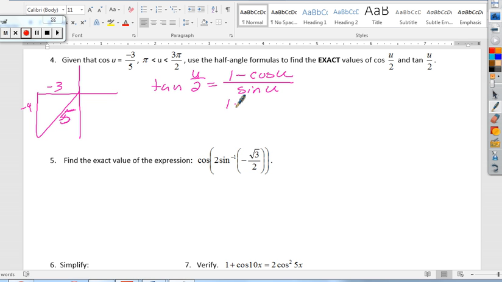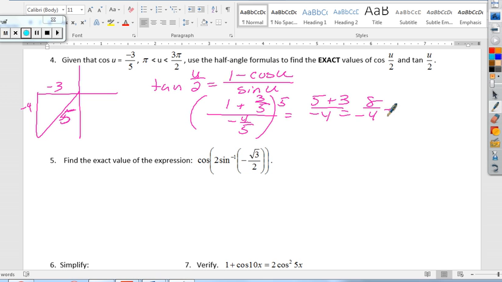Cosine, the two negatives are going to become a positive, and the sine would be negative 4 over 5. I'm going to multiply everything through here by 5 to wipe out those denominators. 5 times 1 would get me 5. 5 cancels here. 5 cancels here. We wind up with 8 over negative 4, and our final answer for tangent of u over 2 would be negative 2.